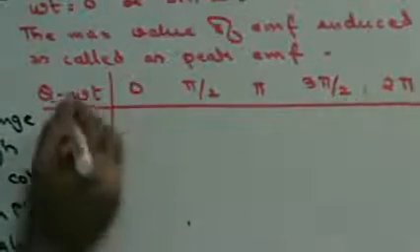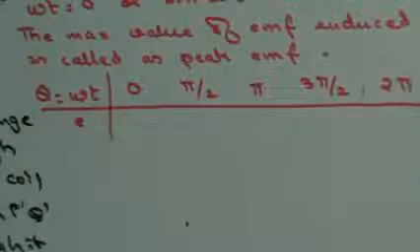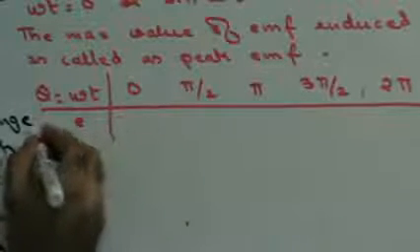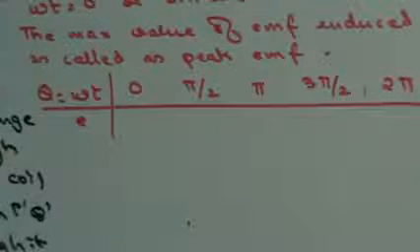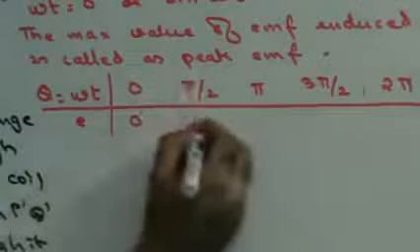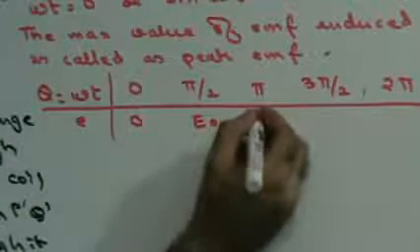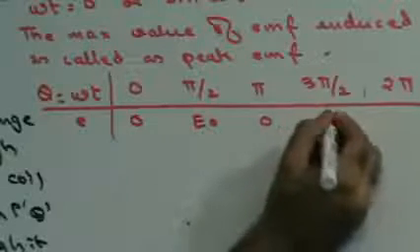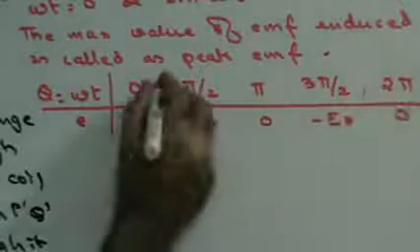It can have values say 0, 90, 180, 270, 360. If I use the equation EMF is equal to E0 sine omega t, sine of 0 is 0, sine 90 is 1, so this will be E0, sine 180 is 0, then minus E0 and 0.